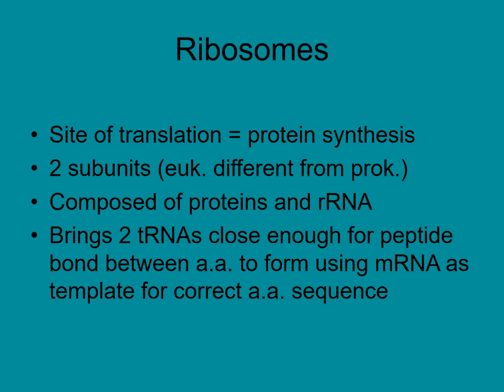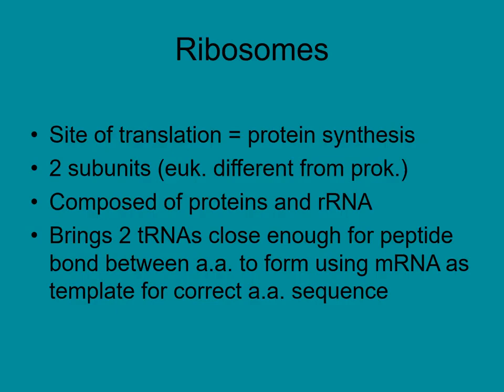The subunits are composed of both proteins and ribosomal RNA. And the whole purpose of the ribosomes is that it is going to bring two of your transfer RNAs close enough together to form a peptide bond. Remember, a peptide bond is a bond between two amino acids.